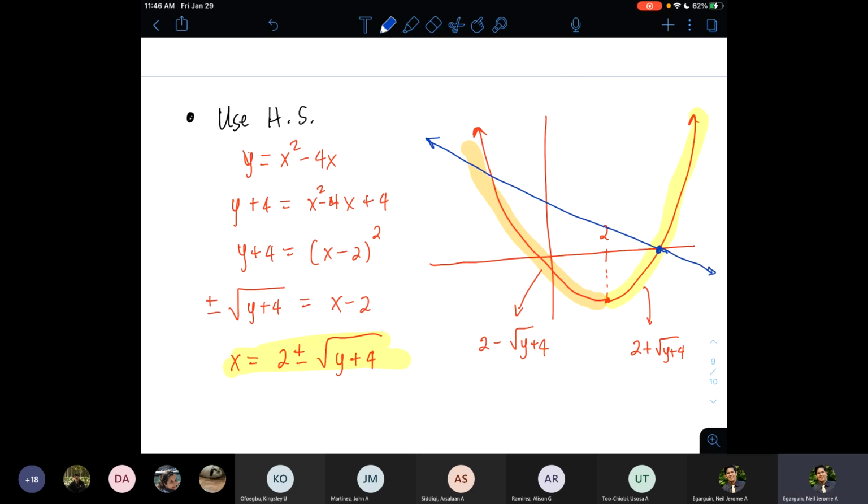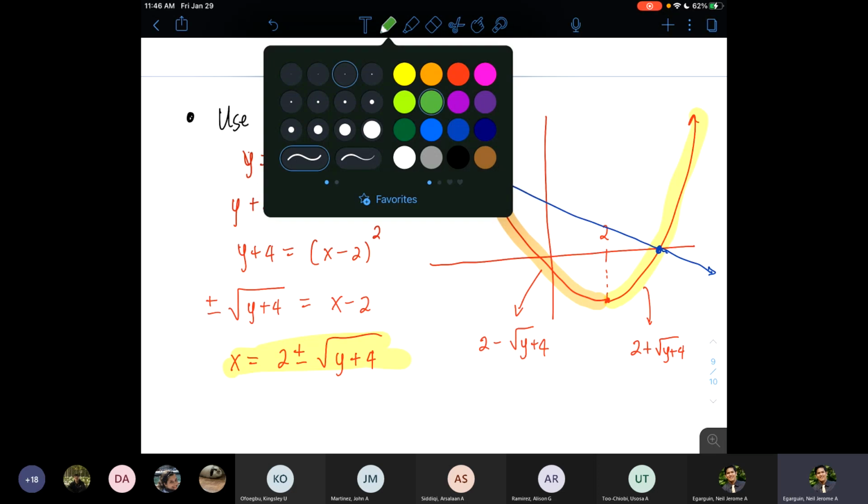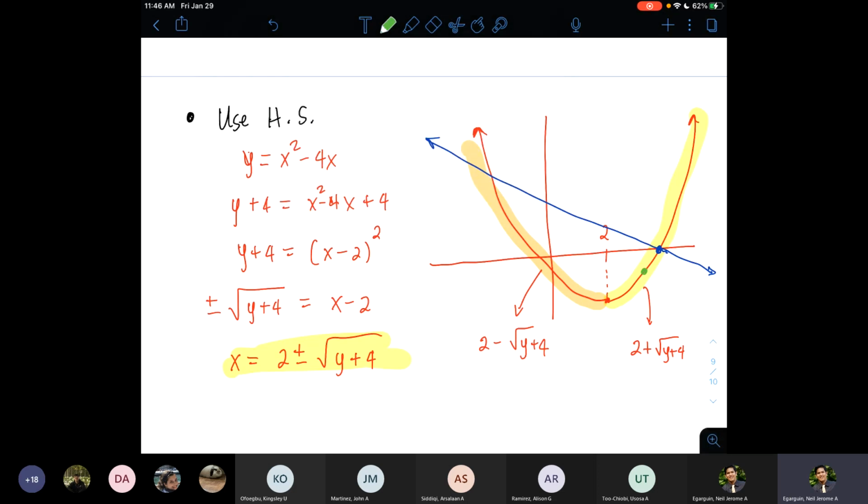Now, in this particular case, if you insist on using horizontal strips, you see that at this portion, the horizontal strip will require you to have the right parabola minus the left parabola, but above you will need the line minus the left parabola.